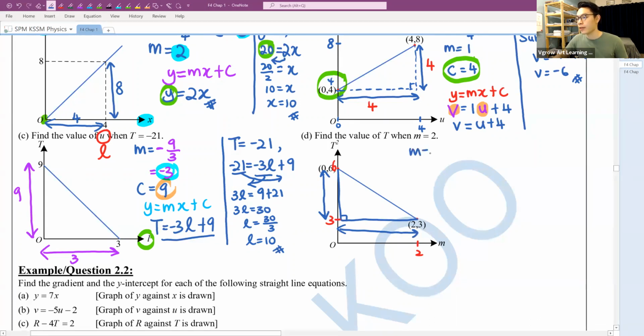You guys try, find the gradient and see yourself. Then find out your C value. C value is 6.